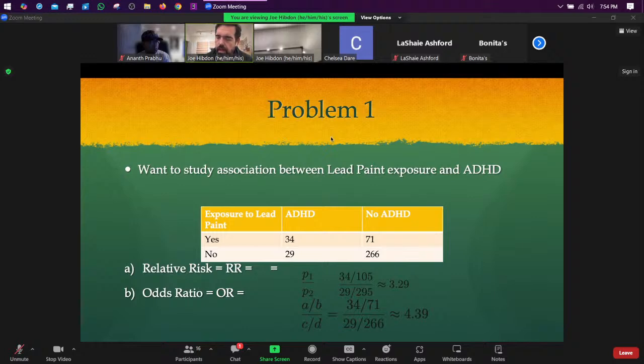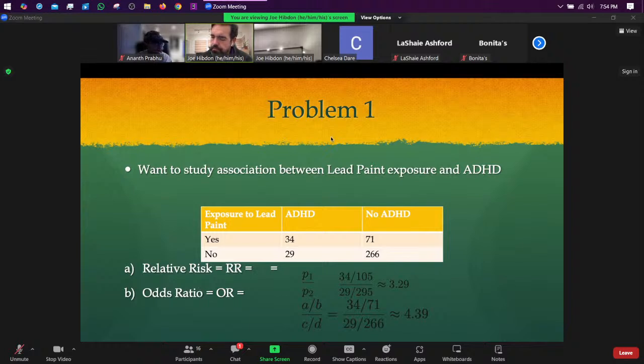So the first thing they asked us for was the relative risk. Recall that the relative risk is P1 over P2. We need the percentage of those that have been exposed to lead, right? This is the relative risk of exposure.